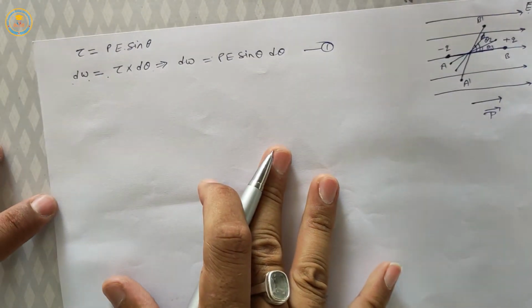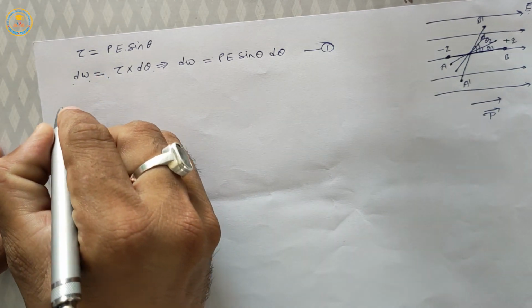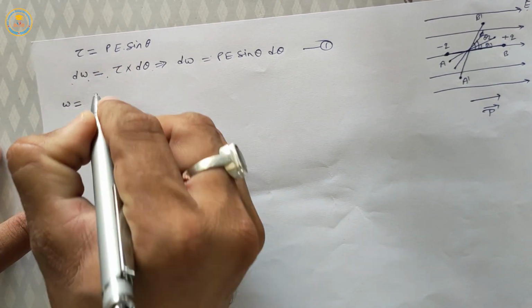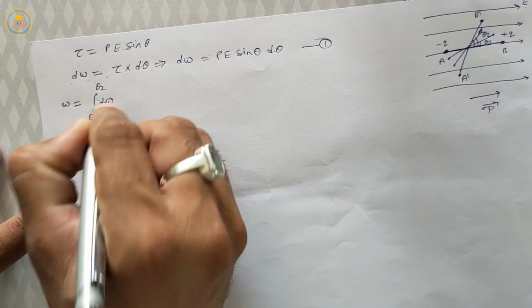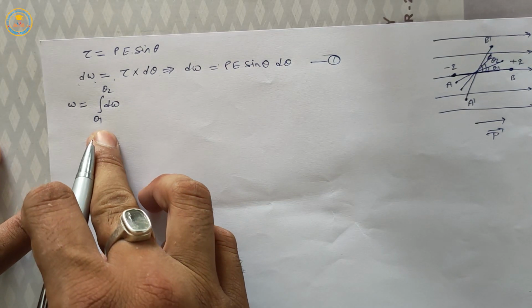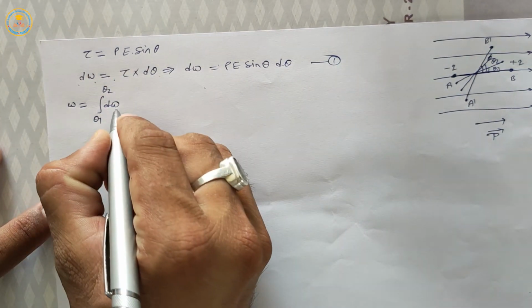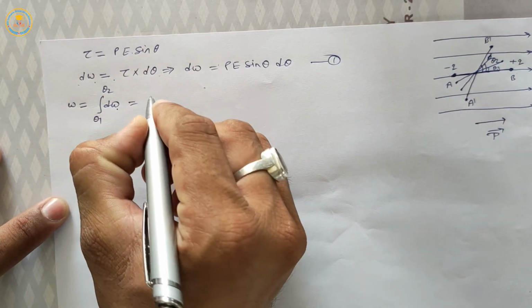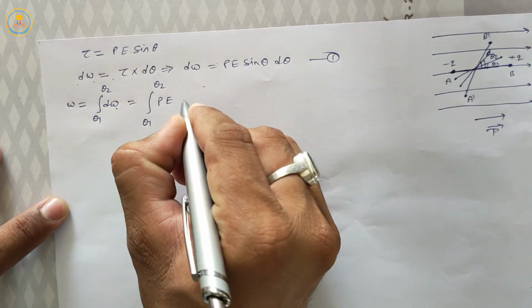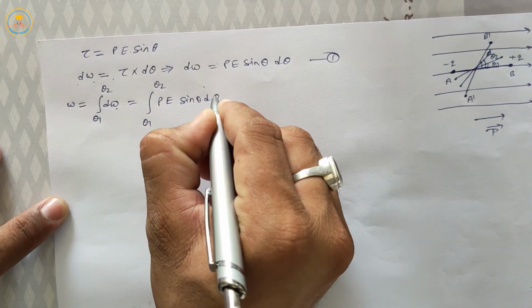So in rotating the dipole from position theta 1 to theta 2, total work done W is equal to the integral from theta 1 to theta 2 of dW. It means integrating equation number 1 from theta 1 to theta 2. W is equal to integral from theta 1 to theta 2 of P E sine theta d theta.